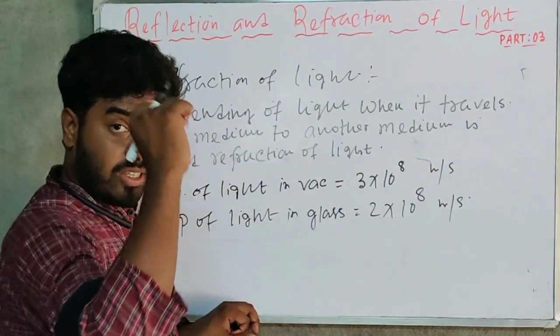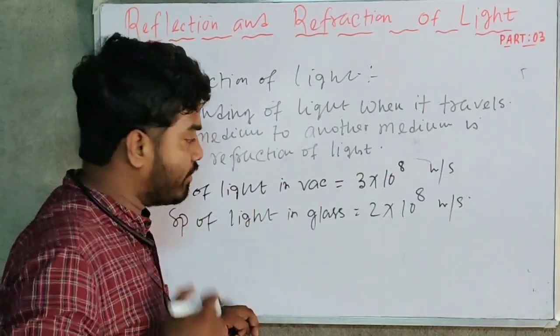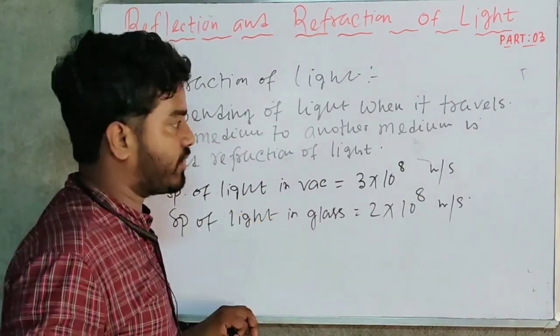So the speed of light in a vacuum is the maximum, and for a change of medium the speed of light changes.